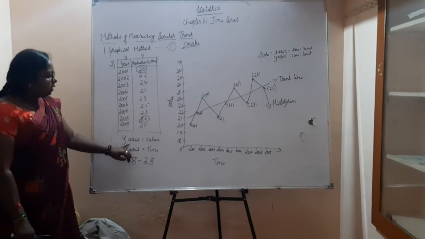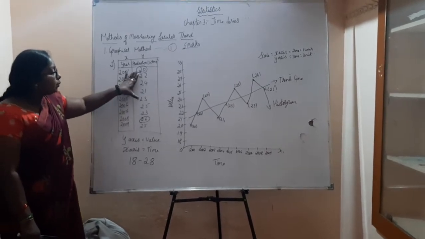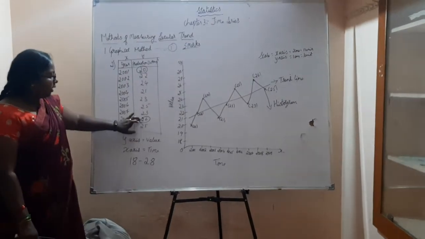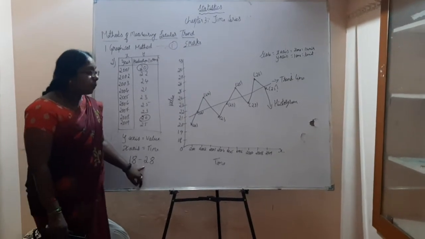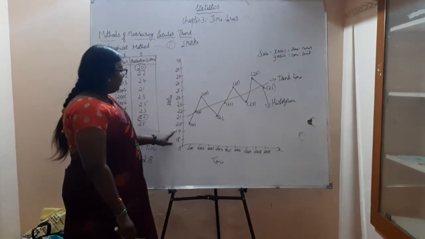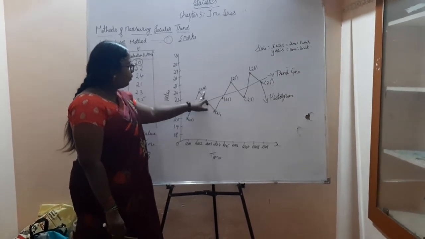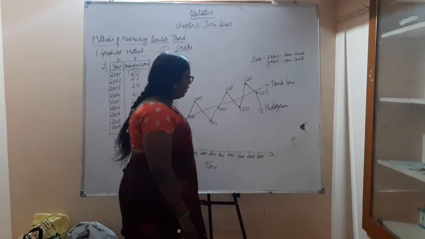Here y-axis is value and x-axis is time. The difference is very small, within 10 numbers, 20 to 26. So I will take my scale from 18 to 28. Here I will get 18, 19, 20, and plot 20, 22, 24, 21, 23, 25, 23, 26, 25.